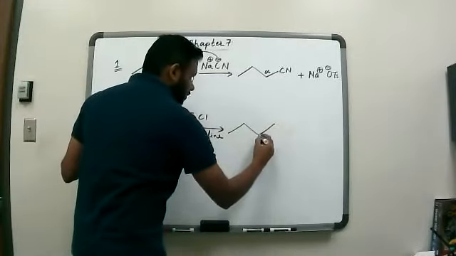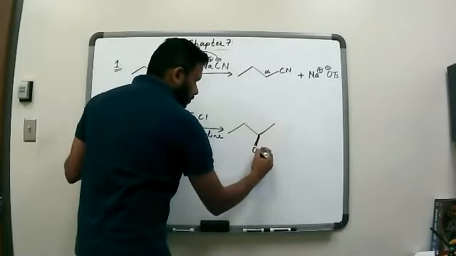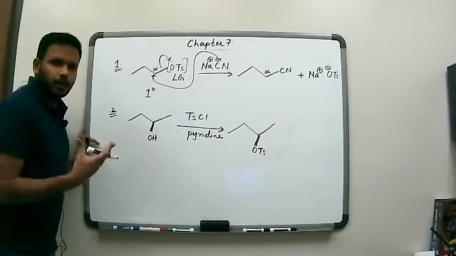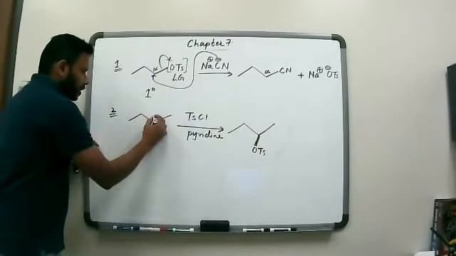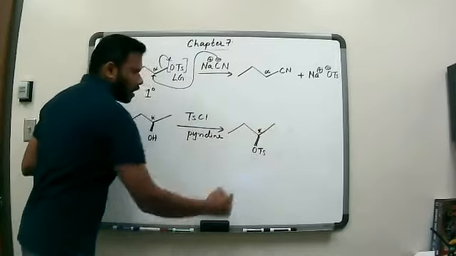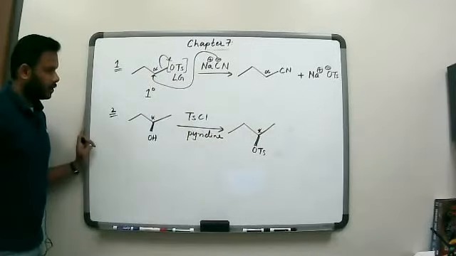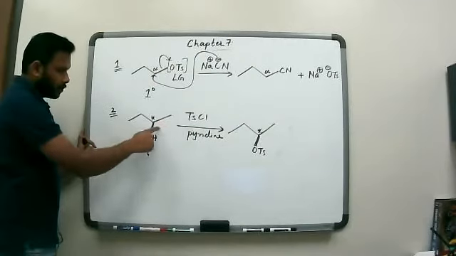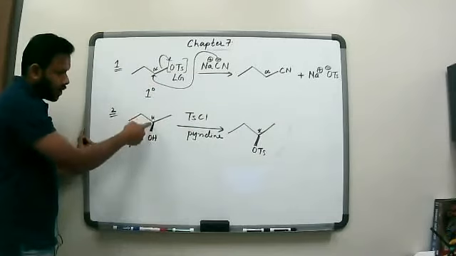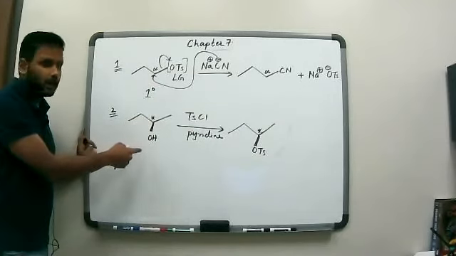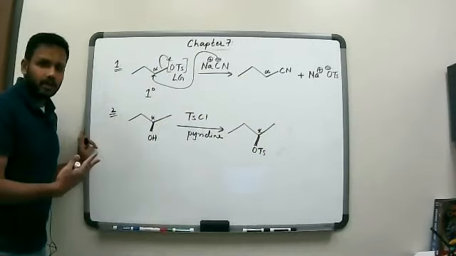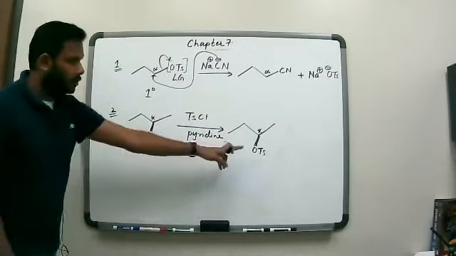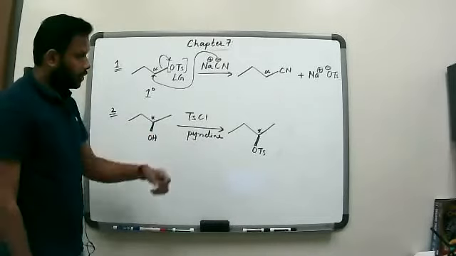The tosyl ester that's formed is going to be of the same configuration. It's going to retain the configuration at this carbon, the alpha carbon. That does not change because when we do this reaction, we are not doing anything to the bond between the alpha carbon and the oxygen. Since that bond is untouched, the stereochemistry at that carbon should be retained in the product. So this is what we're going to get. That would be our tosyl ester.